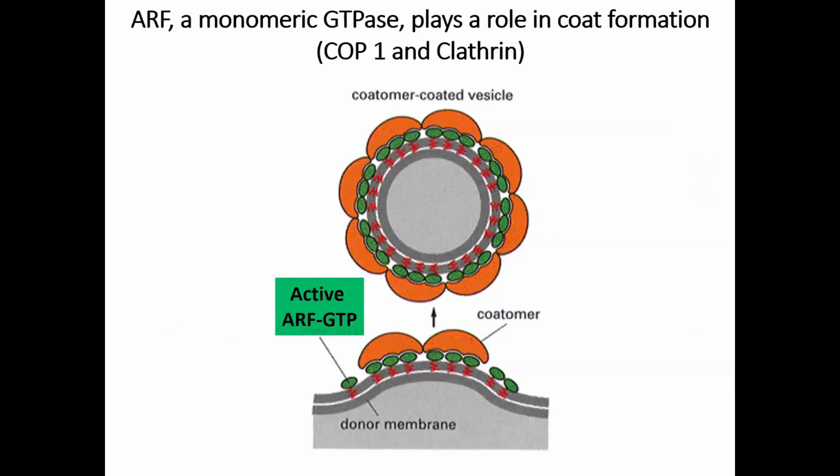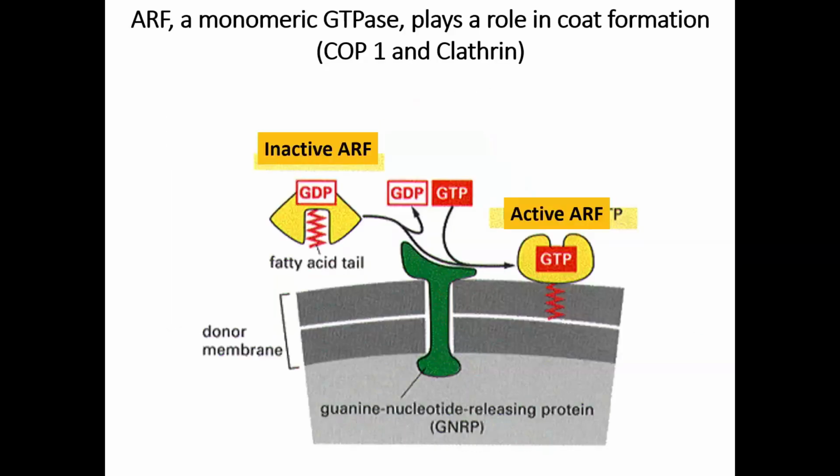And what happens here is that, in the GDP-bound form, the mechanism is exactly the same. The GDP-bound form has a structure where the fatty acid tail, which will not be stable in the aqueous environment of the cytosol, is tucked into a hydrophobic pocket.